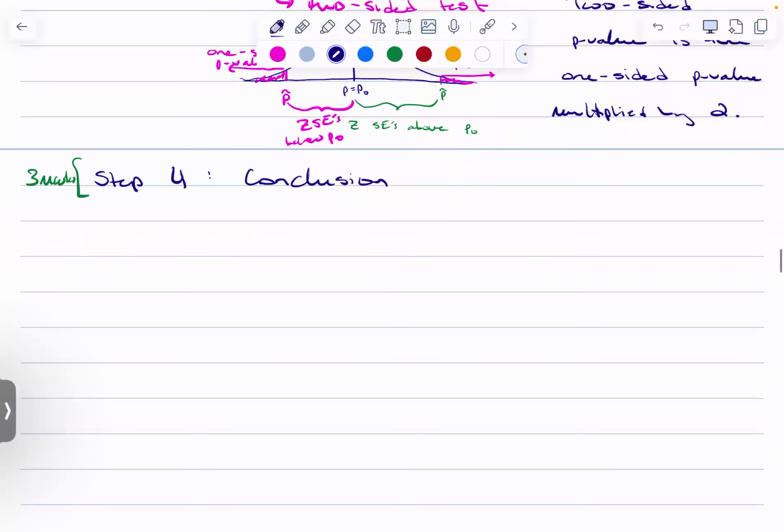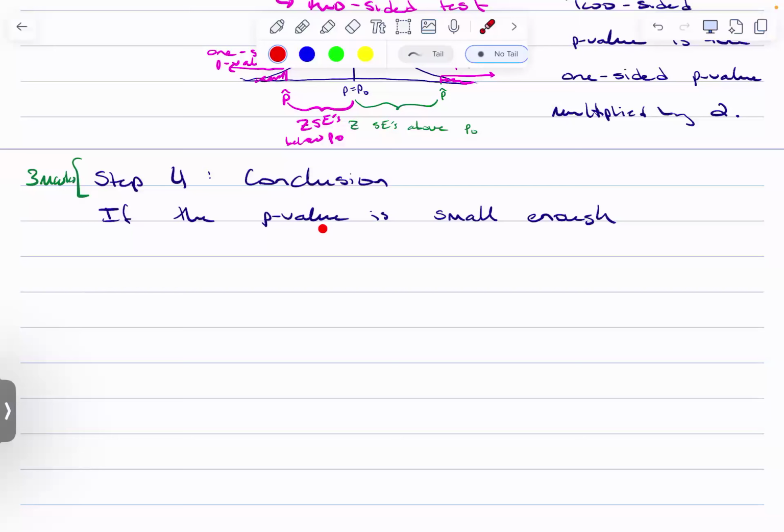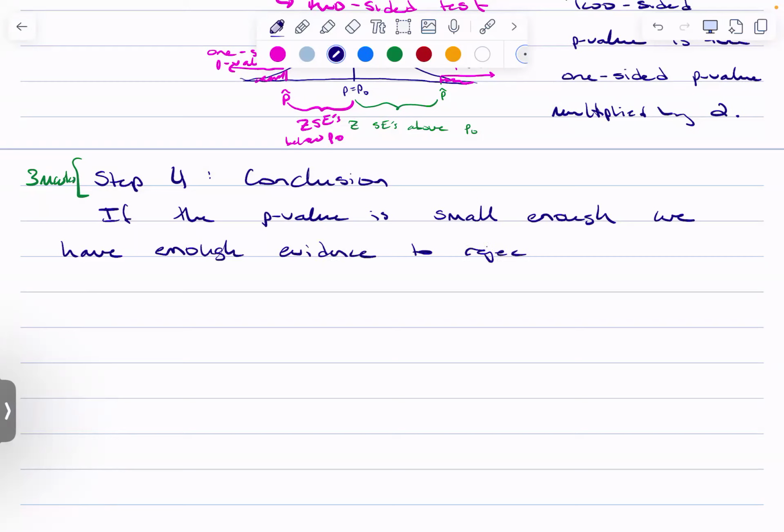In broad strokes, our conclusion says that if the p-value is small enough, and of course we'll have rules for that, and thinking about the p-value as the probability that H naught is true, which is not exactly correct but is a helpful way of thinking of it, then we have enough evidence to reject H naught in favor of HA.